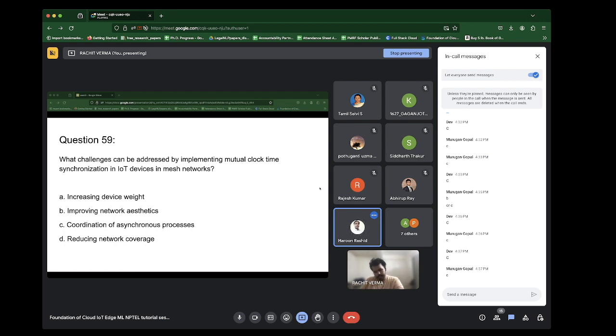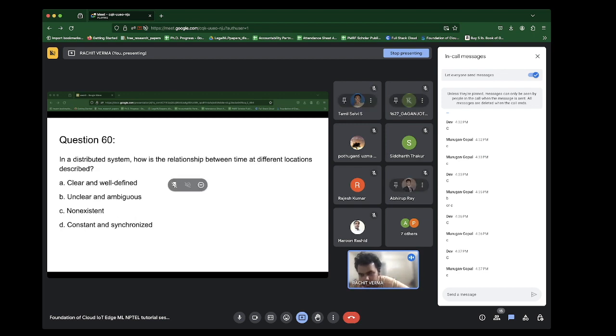That is the correct answer. The coordination of asynchronous processes will be handled if you synchronize the IoT devices and the clocks and everything. So the other three are wrong.